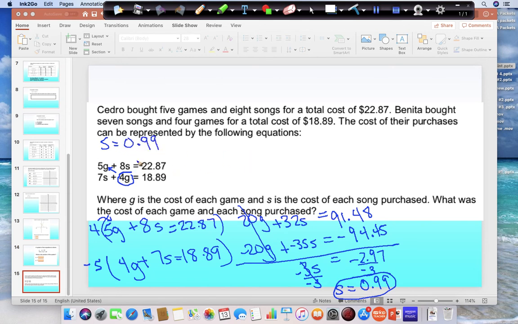So now we can insert S into the problems. So 5G plus 8 times 0.99 equals 22.87. Okay, so 8 times 0.99 is 7 and 92 hundredths. And 22.87 stays over here. We want to get rid of the 7.92.